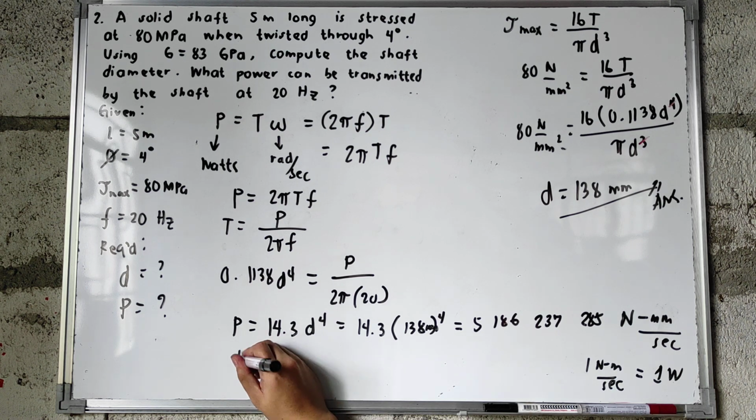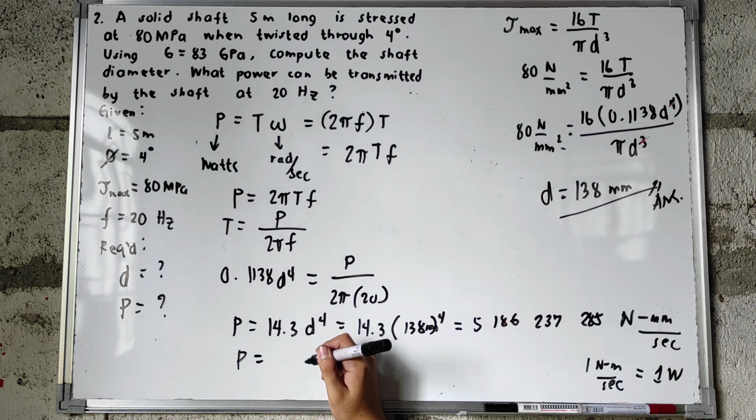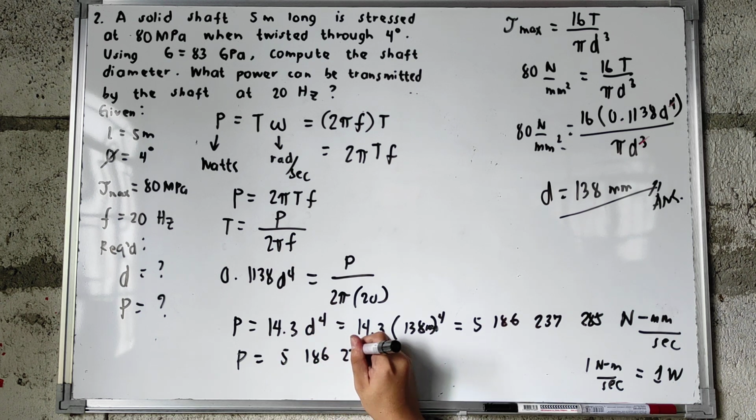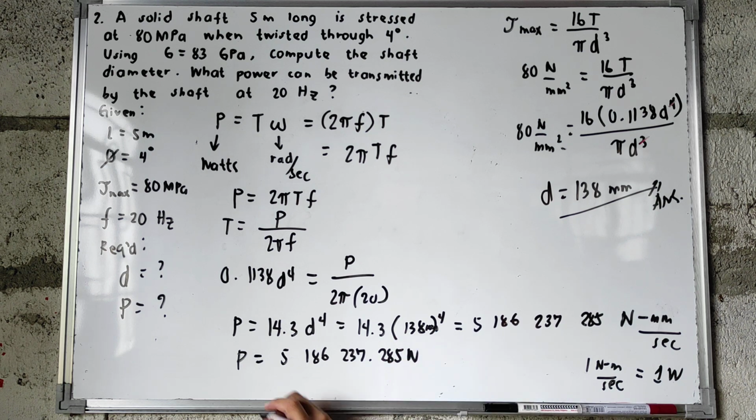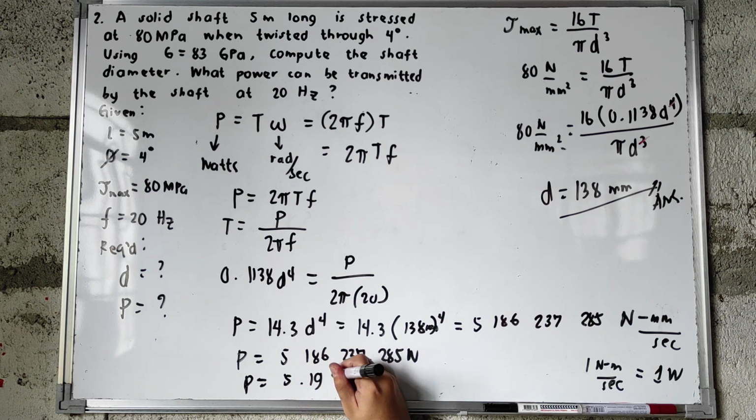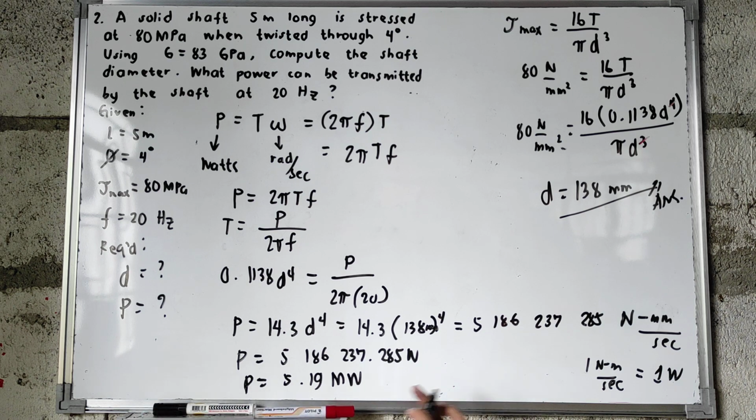So the power of your shaft is equal to 5186237.285 watts. In terms of megawatts, we have 5.19 megawatts, where mega is times 10 raised to 6, so 5.19 times 10 raised to 6 watts.